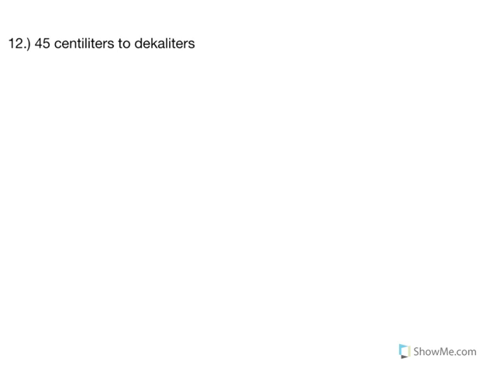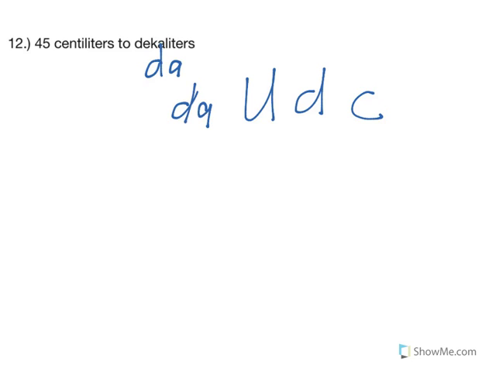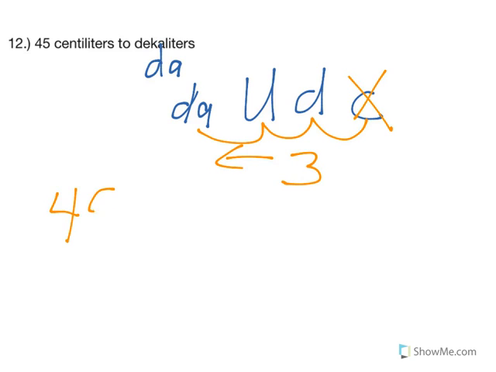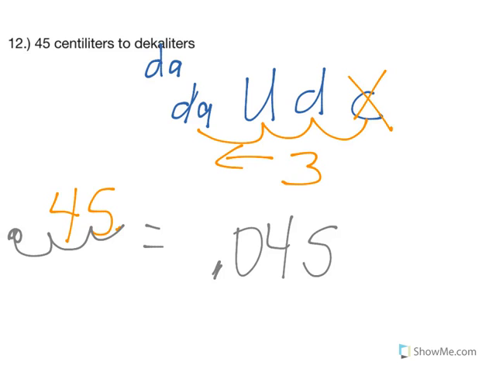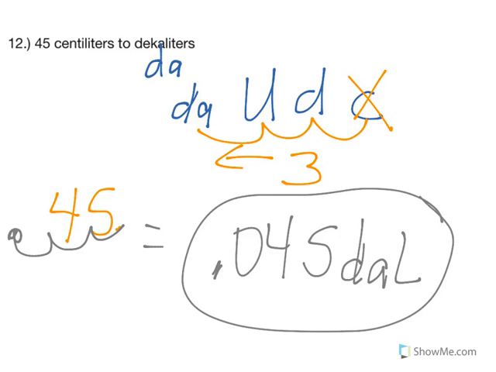Centiliters to decaliters. Now that deca is da. So it's centiliter, deciliter, main unit. And then I believe deca is after that. So from centi to deca, 1, 2, 3 to the left. So at 45 with a decimal point, 1, 2, 3, I end up with 0.045, and that would be daL, decaliters, daL.